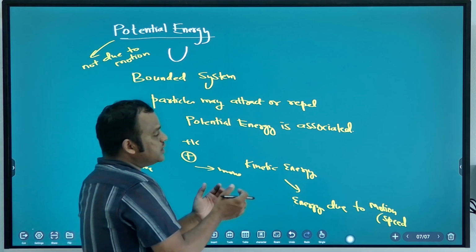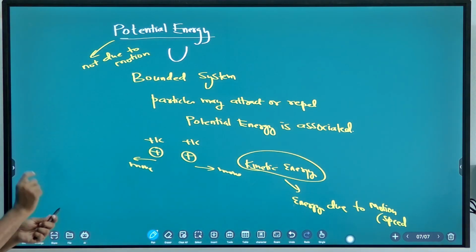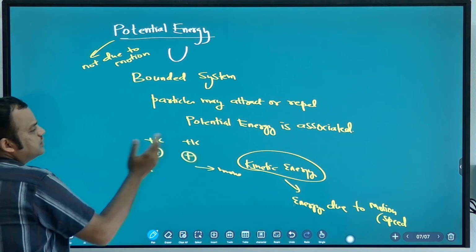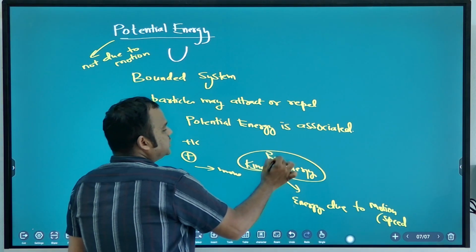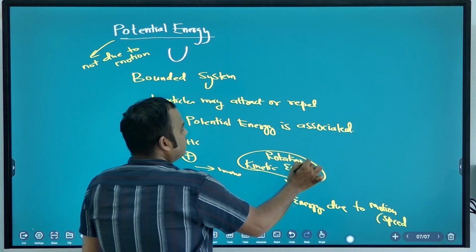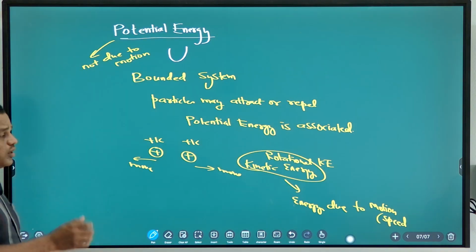Directly what you can see is kinetic energy, if something is in motion, like a fan rotating or translating. A rotating fan has what? Rotational kinetic energy, correct? Suppose there is a cricket ball, which you have seen.